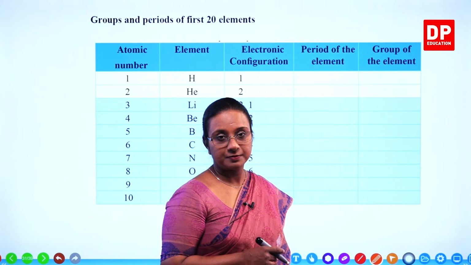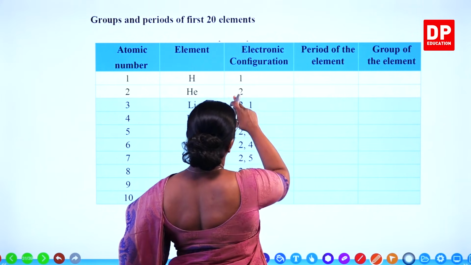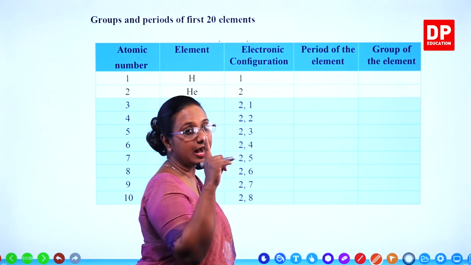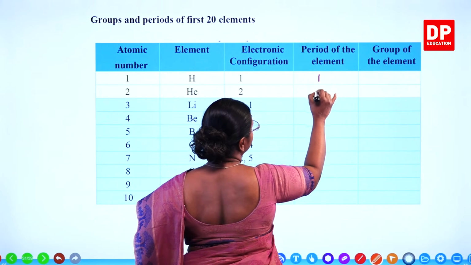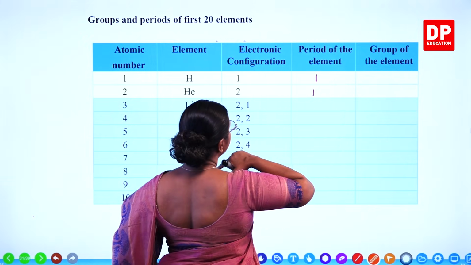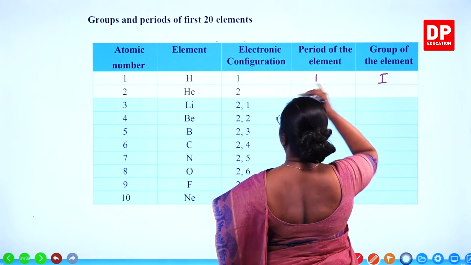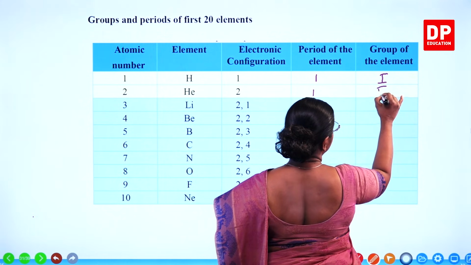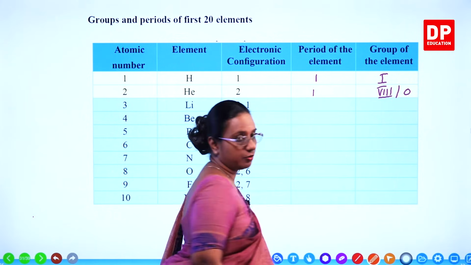The first two elements, hydrogen and helium, they only have electrons in the first shell, so they both belong to period 1. But the groups are different. Hydrogen belongs to group 1 and helium belongs to group 8 or group 0.